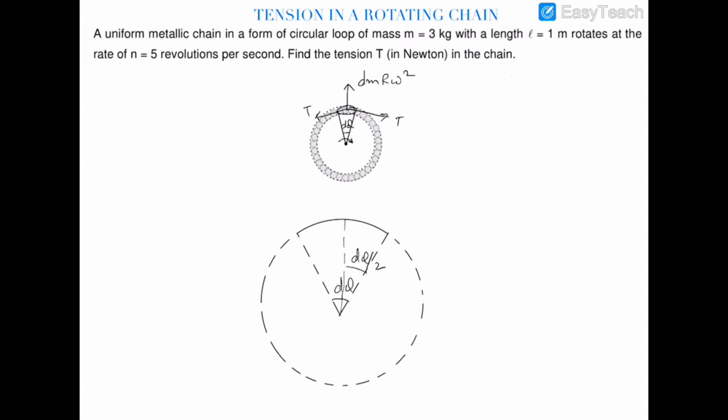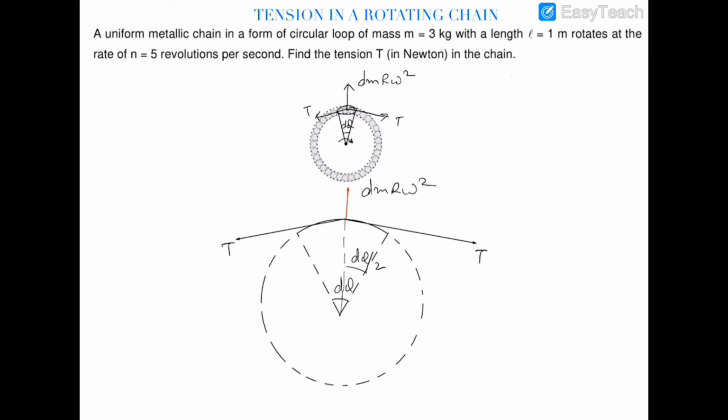Now this will be the tension T, let's suppose, and this will be the tension on the other side, which will be T. And a force of dm r omega square will be acting on this chain in the upward direction.